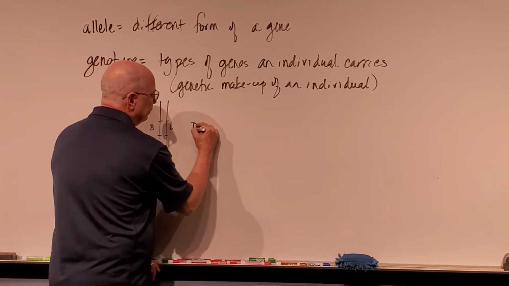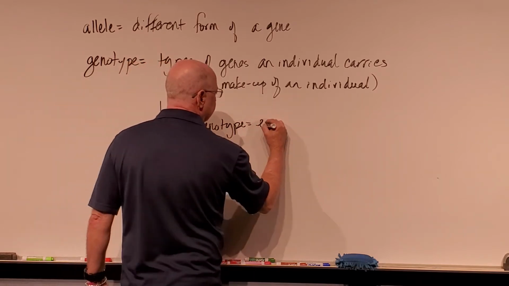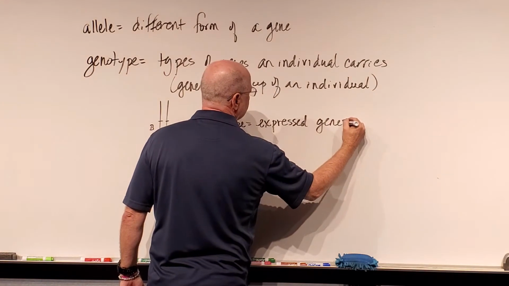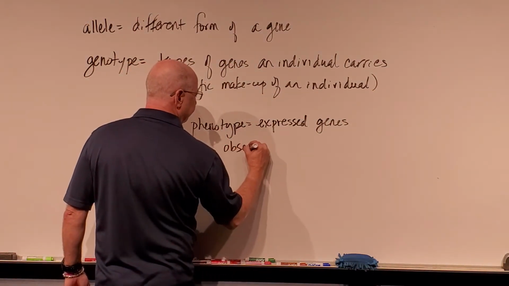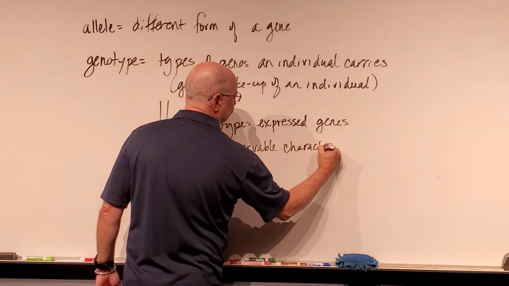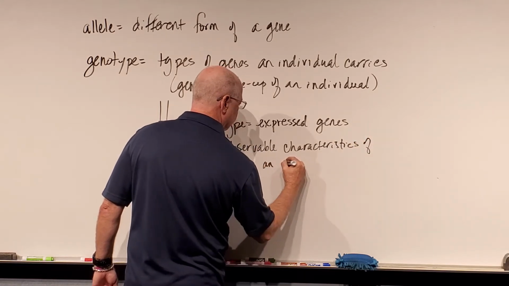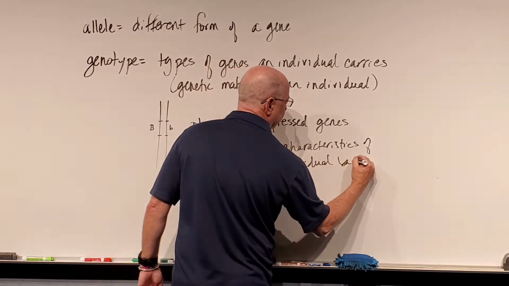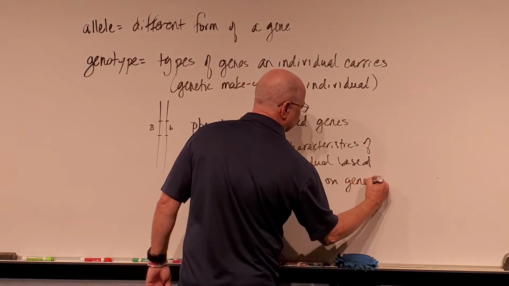That leads us to the definition called a phenotype, and the phenotype is the expressed genes, or the observable characteristics of an individual, based on the genotype.